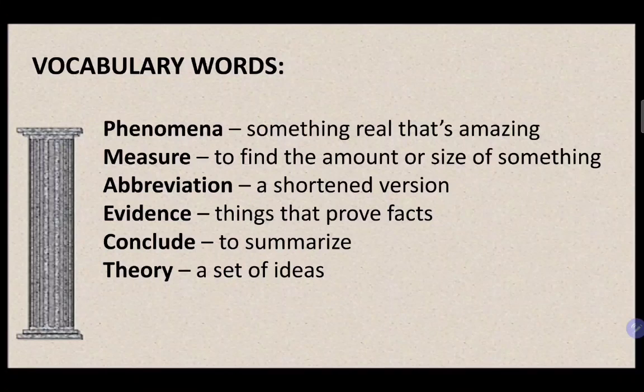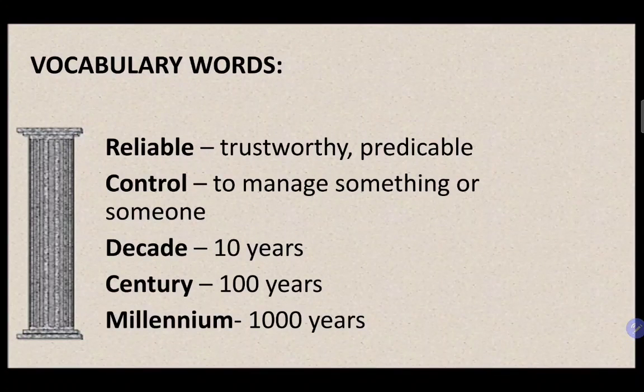Next, we have theory. Again, theory. A theory is a set of ideas, like opinions, that is not proven yet. Next, we have reliable. Reliable means trustworthy or predictable. For example, a reliable person has this good quality, you can trust him.